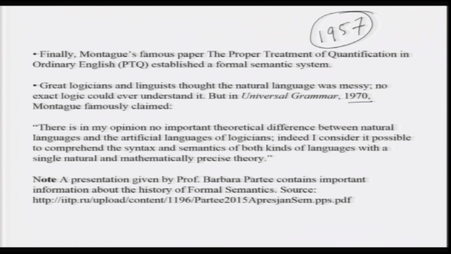This was the central point of his works, especially his PTQ. The name of that is The Proper Treatment of Quantification in Ordinary English. He created kind of a homomorphism. He showed that some structure, suppose S1, exists in an artificial language, and then a counterpart of that would also exist in a natural language.